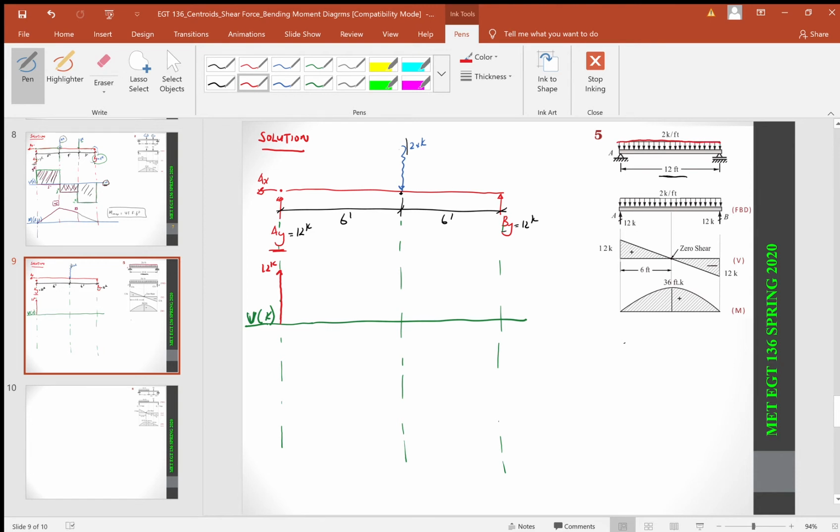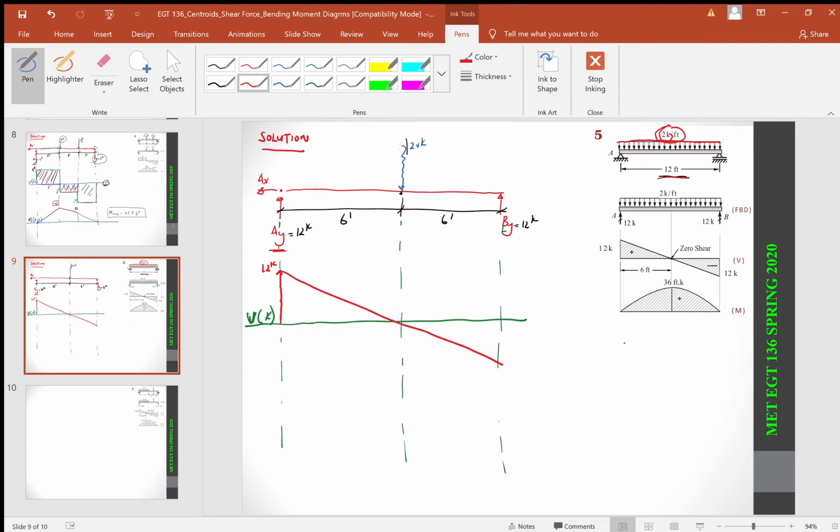So it's going to be a slope, at 2 kips per foot. For every foot that I'm traveling, I'm going down by two kips over a 12 foot span. So 12 times 2 will give us 24. And it's going to be something like this.